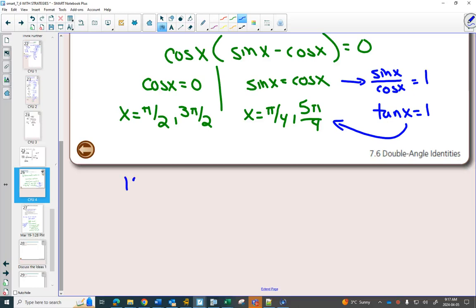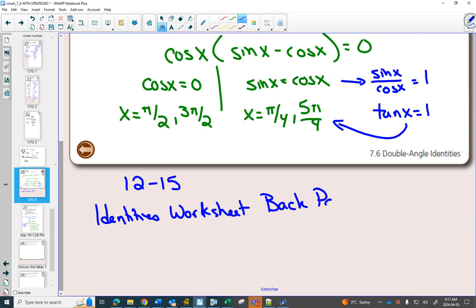From your textbook, circle questions 12 to 15. And for the same identities worksheet, you need to study questions 20 to 43 for your quiz on Monday.